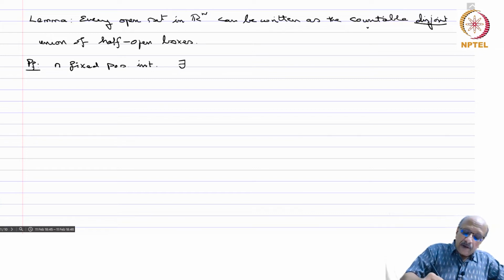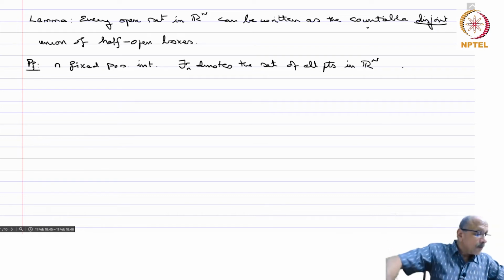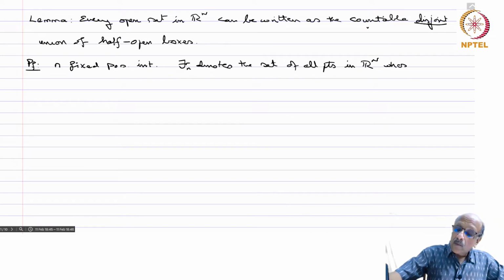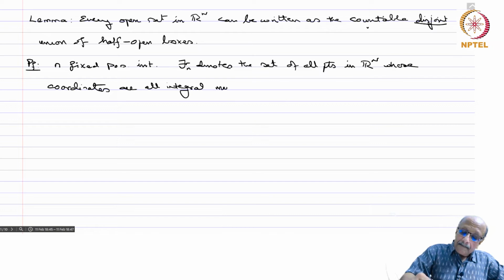So let F_n denote the set of all points in R^n whose coordinates are all integral multiples of 2 power minus n.